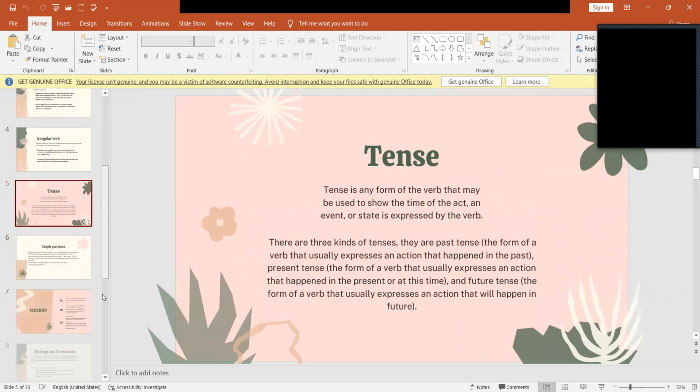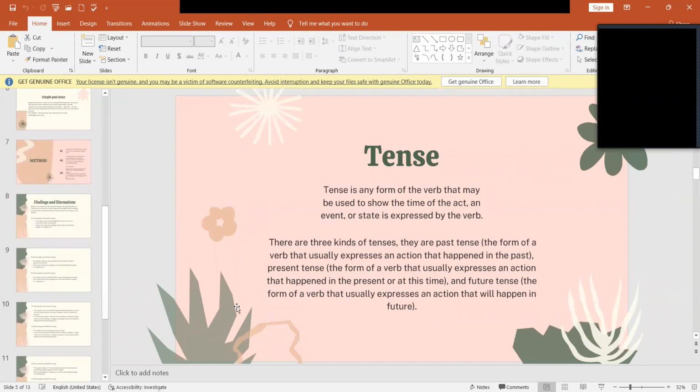Tense. Tense is any form of the verb that might be used to show the time of the act, an event or state expressed by the verb. There are three kinds of tense.